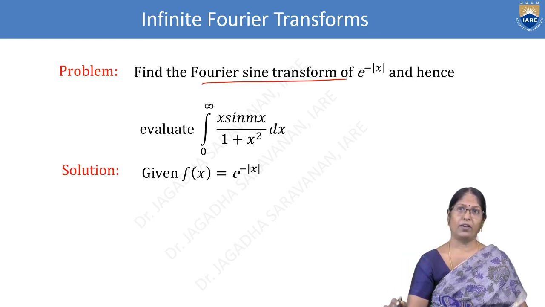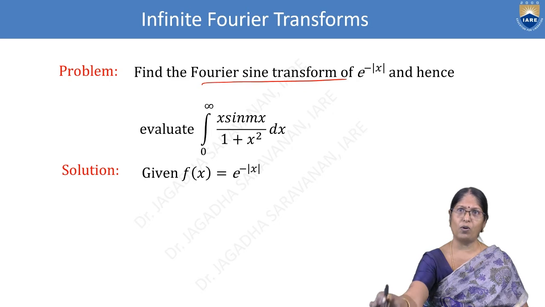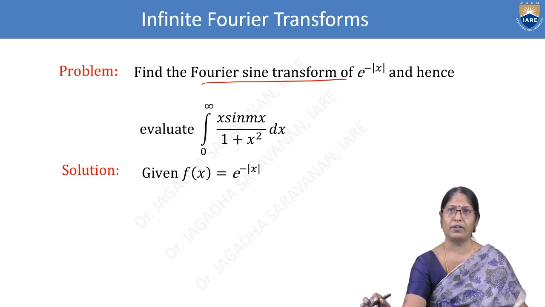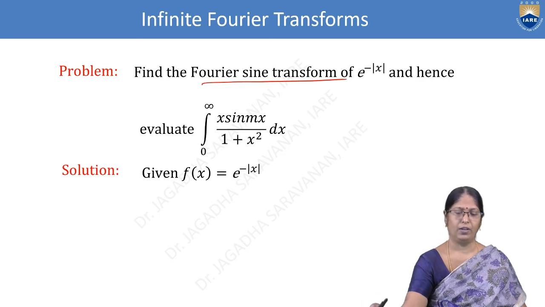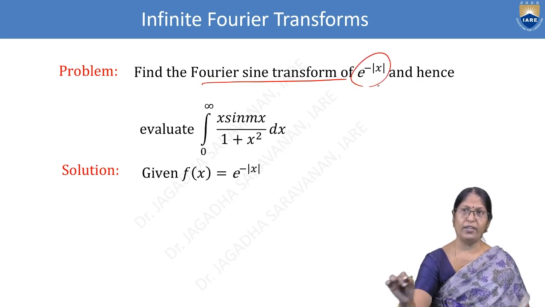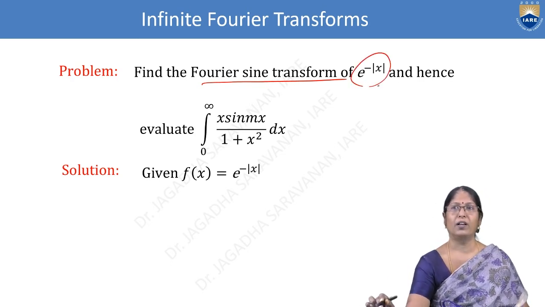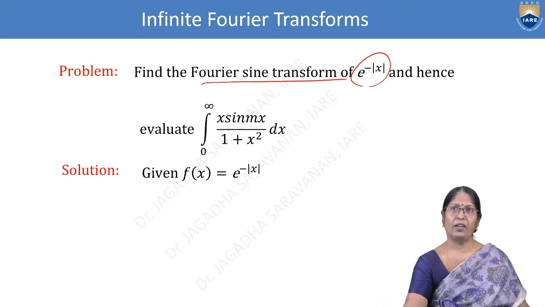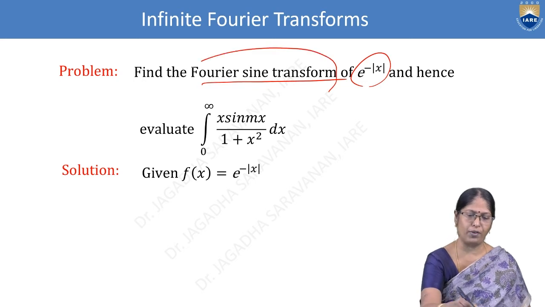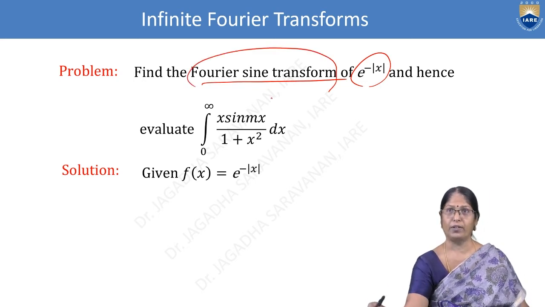Our topic is infinite Fourier, but in the question the word infinite is not there. If it is not given, it is infinite. Our function is e power minus mod x, so we will apply the Fourier sine transform formula.